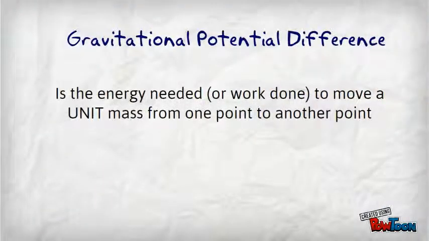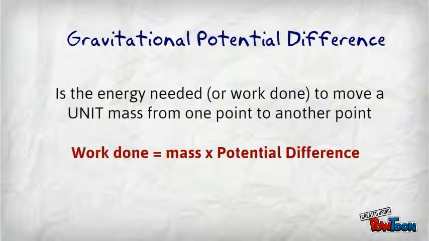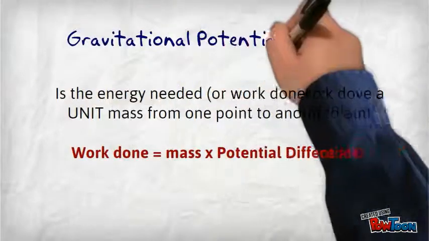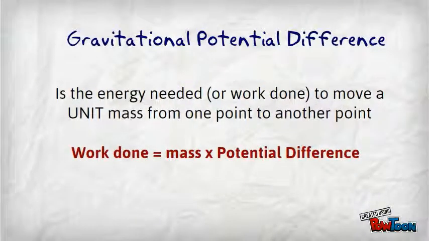Now the gravitational potential difference is the energy needed, or the work done, to move a unit mass from one point in space to another point in space. So we can also say that the work done equals the mass of the object multiplied by its potential difference when we are moving it from one point in space to another point in space.